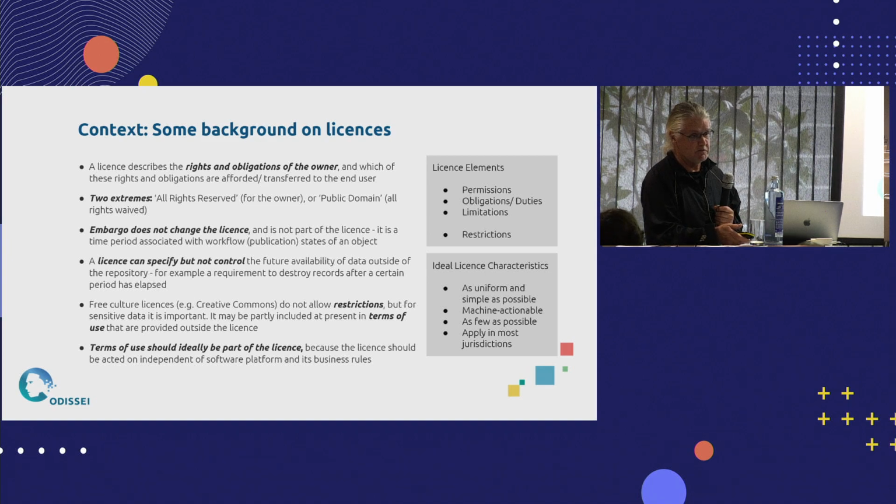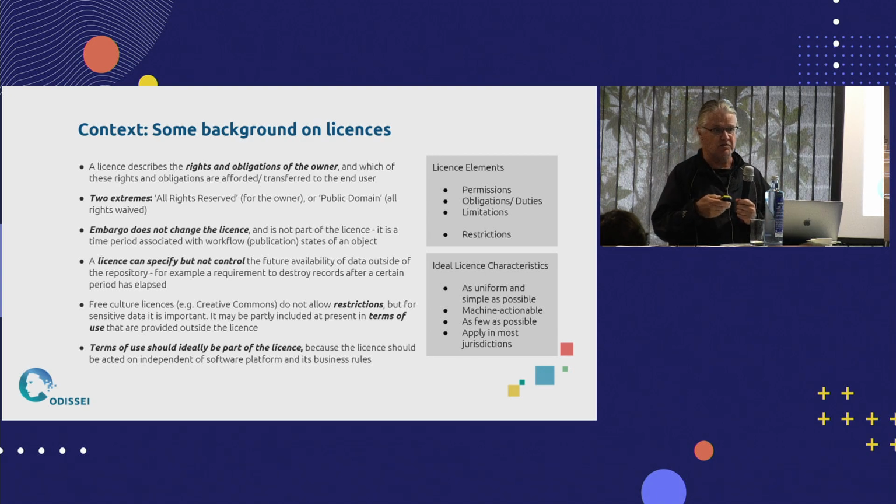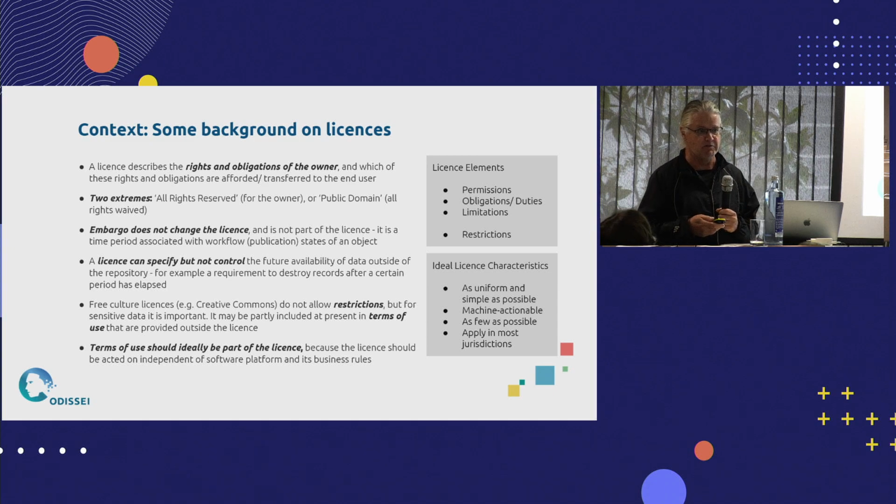And irrespective of the provisions, of which you can see some examples there, permissions, obligations, duties, limitations, and so on, there are typically two extremes. You can waive all of those and say it's in the public domain, or you can retain some of them and say, here's a license that transfers some of these provisions to the end user.